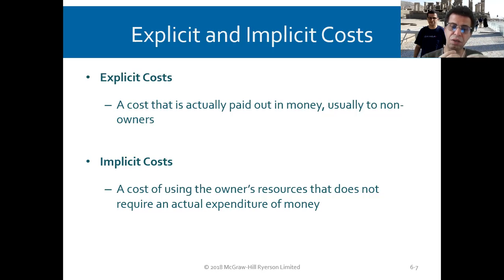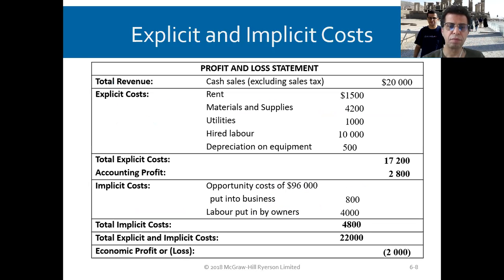The implicit cost is the cost of using the owner's resources that does not require an actual expenditure of money. It's like you own a company and you work in it, so you're not spending cash on a third party or non-owner.